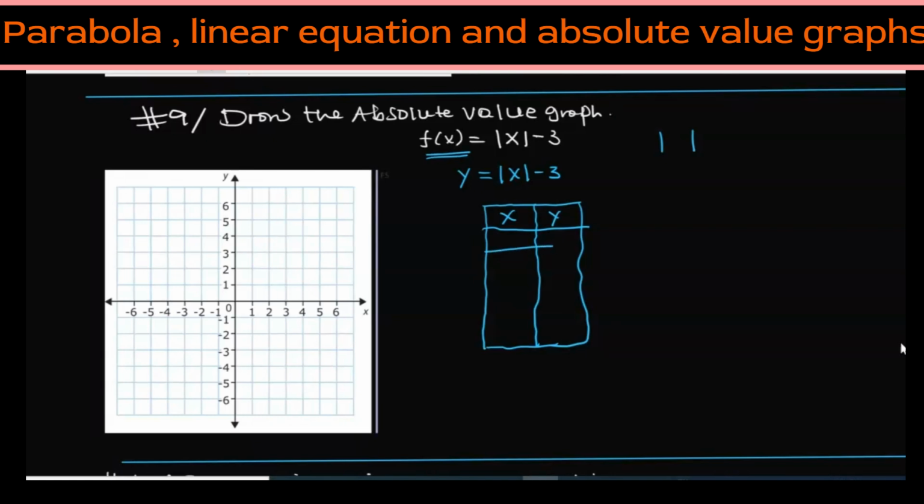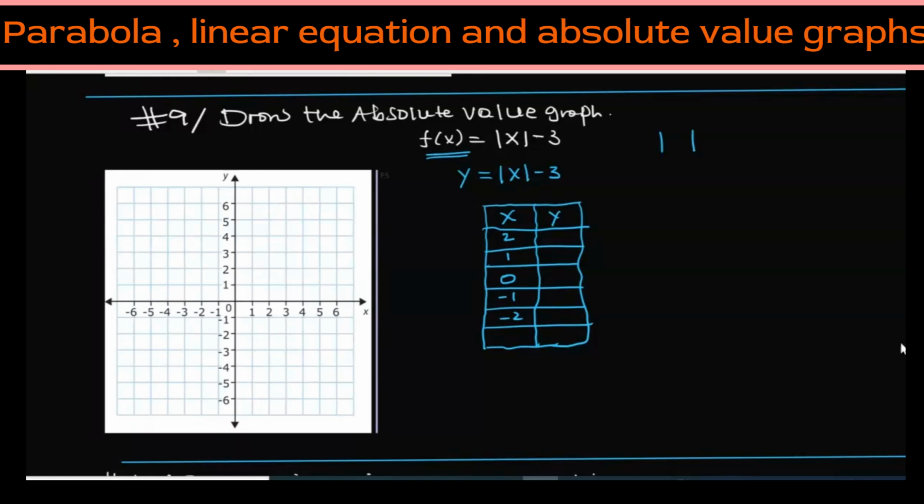I will have a couple of test numbers, maybe 2 positive and 2 negative is the best way. Let me do 0 at the middle. So I can have number 1, number 2, negative 1, negative 2. This is a good rule of thumb just to try my numbers.